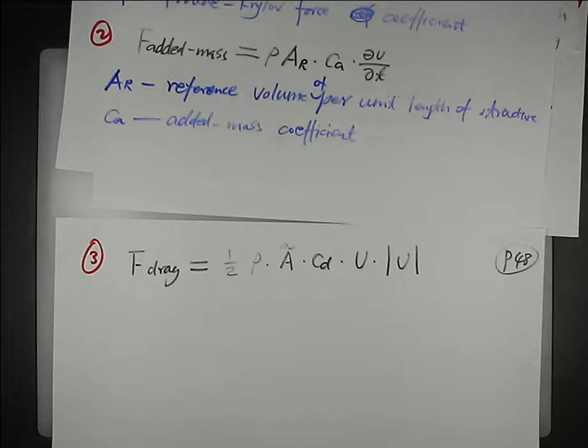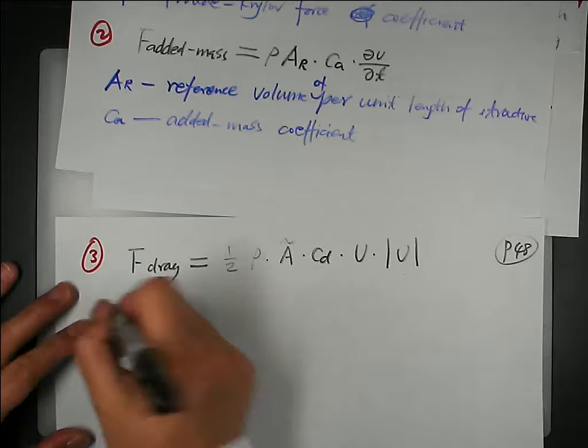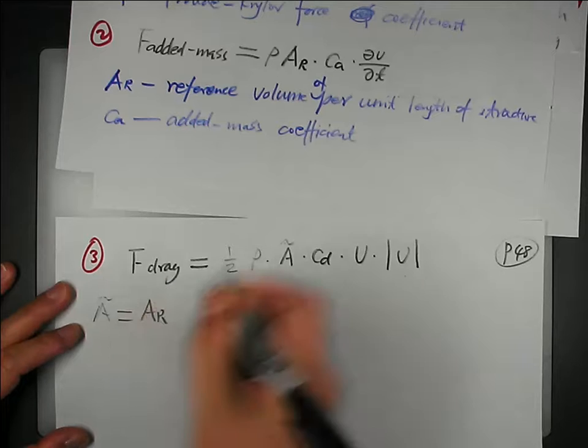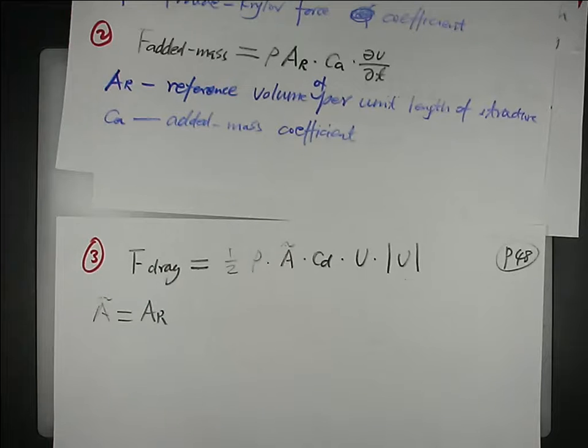The CD in this equation is the drag coefficient. A is the projected area from the flow direction. So here the A is equal to the AR used when we calculate added mass. Rho is water density.